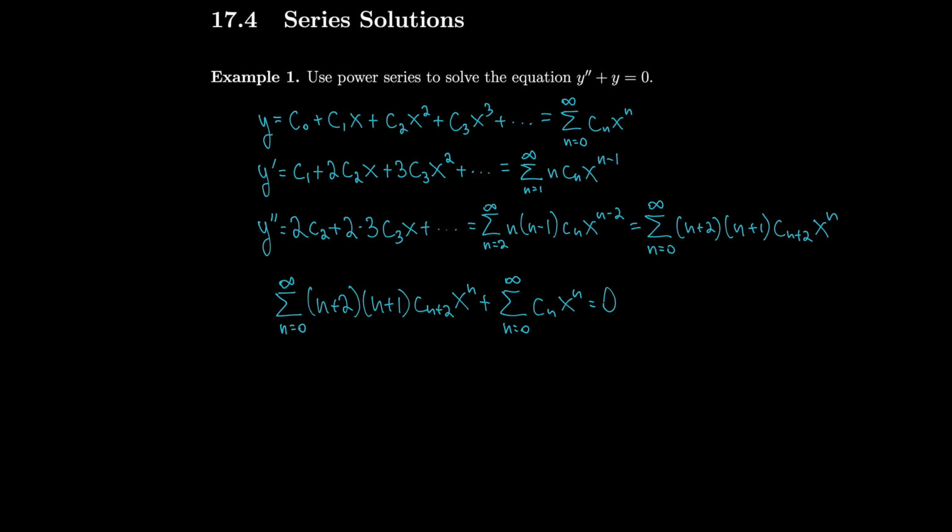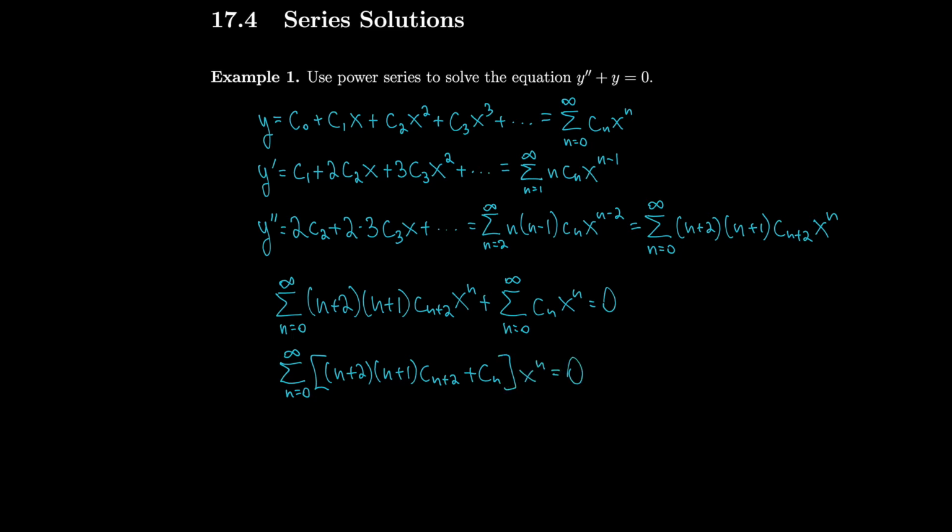So what we'll get is the sum from n equals 0 to infinity of n plus 2 times n plus 1 times cn plus 2, and we can factor out there's an x to the n in both, so plus cn times x to the n.